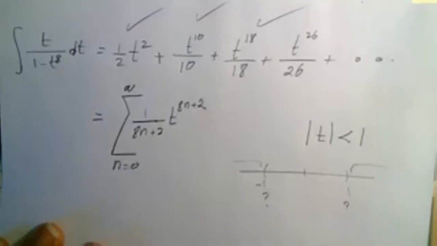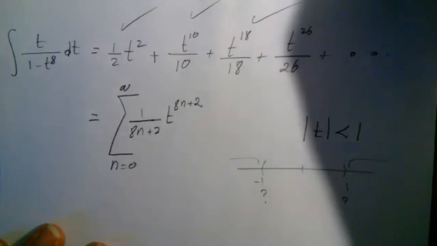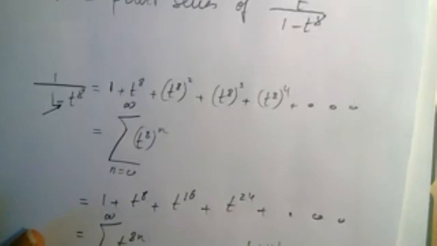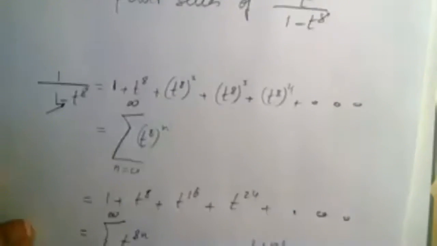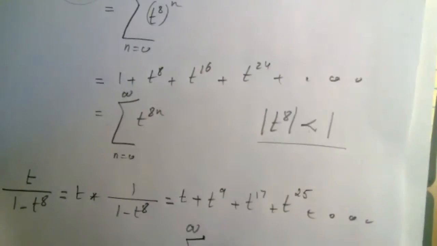Did this answer your question, yes or no? Yeah. Okay, so for those problems, the interval of convergence comes from the theorem itself, because the theorem tells me that if you integrate, you keep the same interval of convergence as the one you start with. So you don't have to do it all over again. It means that 1 over 1 minus t to the 8 is going to converge when this is less than 1.